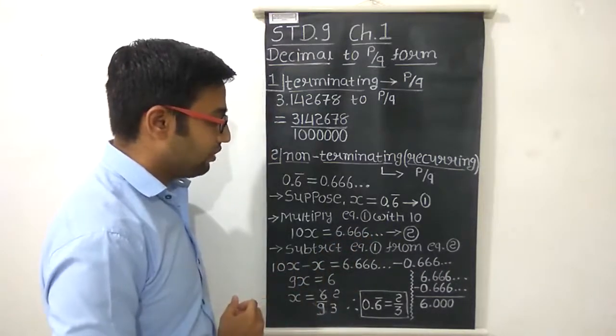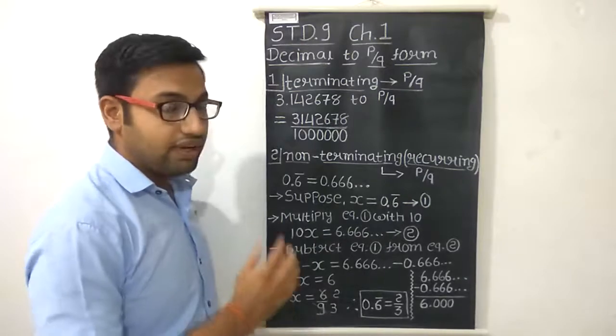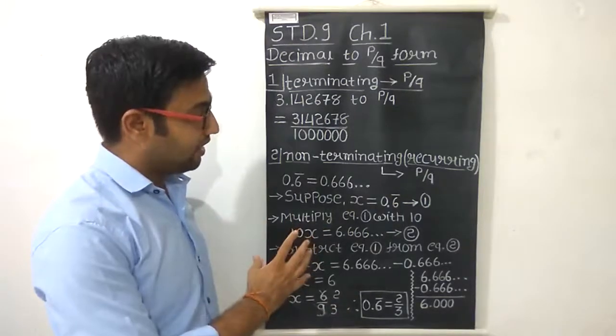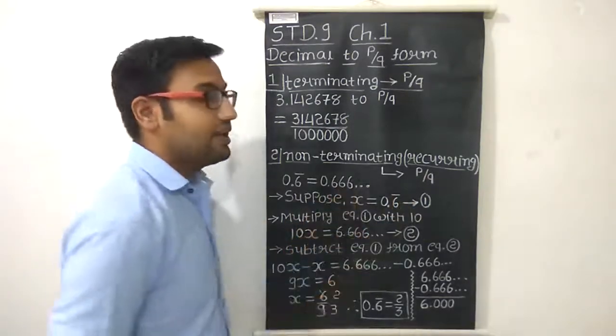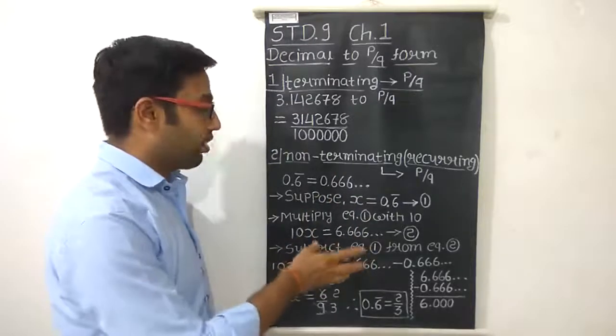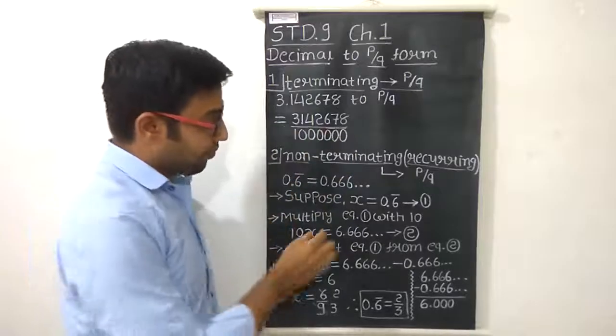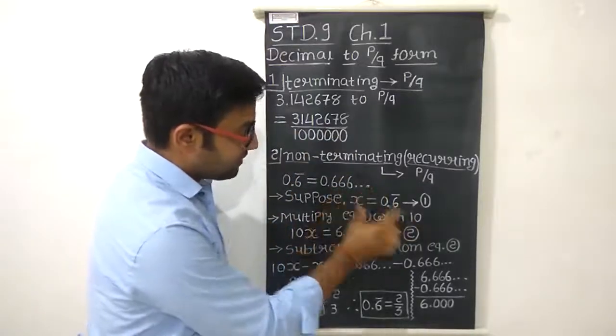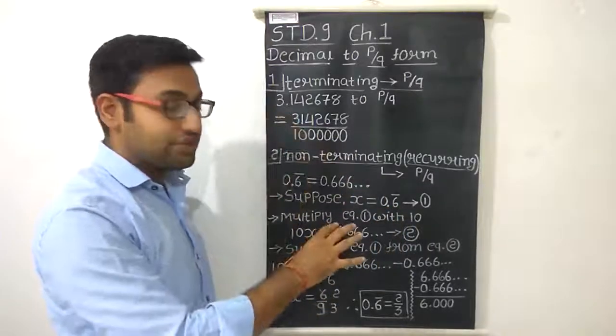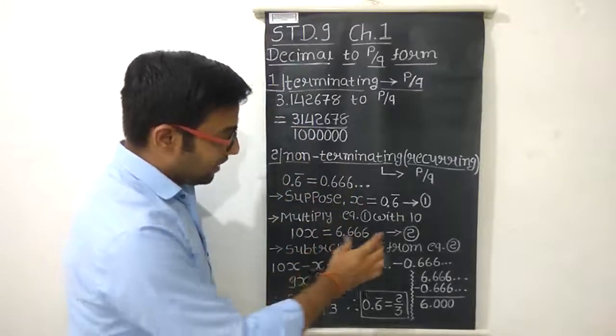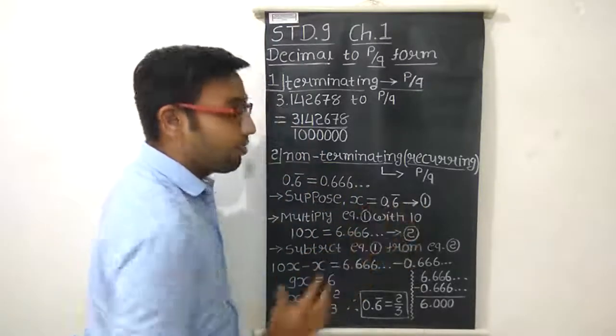Now we had a problem in the beginning that we have a non-terminating decimal expansion, and that is why we cannot convert directly in this way. That problem of the decimal expansion we can now resolve by subtracting equation number 1 from equation number 2.